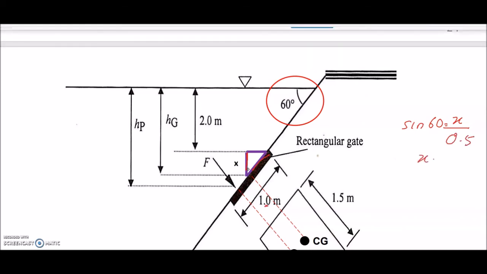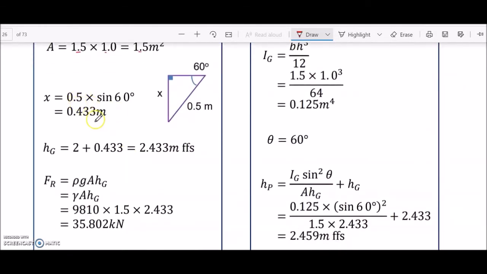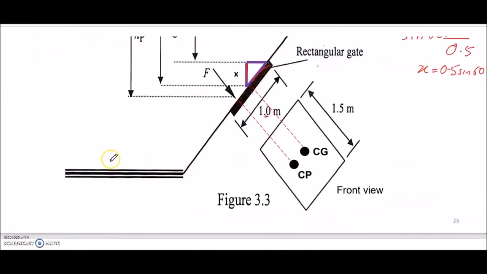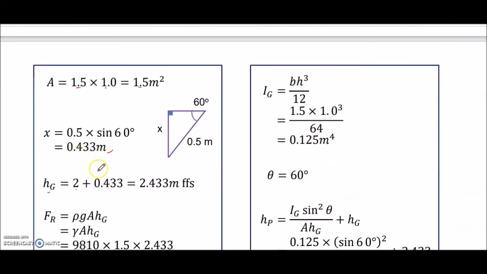So x equals 0.5 sine 60. You calculate your x, and you get 0.433 meter. Therefore, to calculate your Hg, it is 2 meter from the surface to the starting point, plus the x you have calculated, 0.433. So you get 2.433 meter.